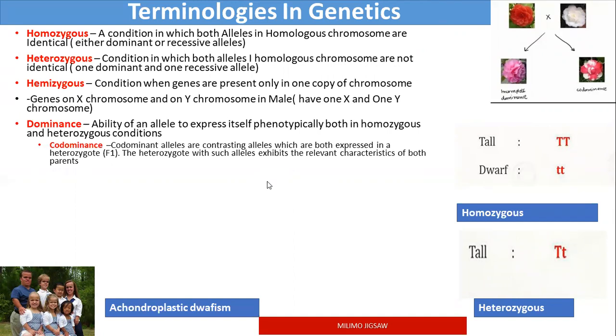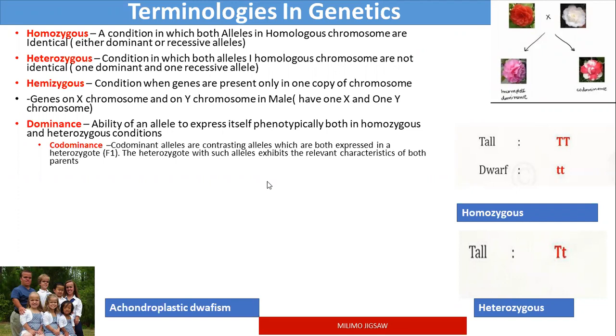And then we have the concept of codominance. So what are codominant alleles? These are alleles that are both expressed in the heterozygous individual. They are contrasting alleles.